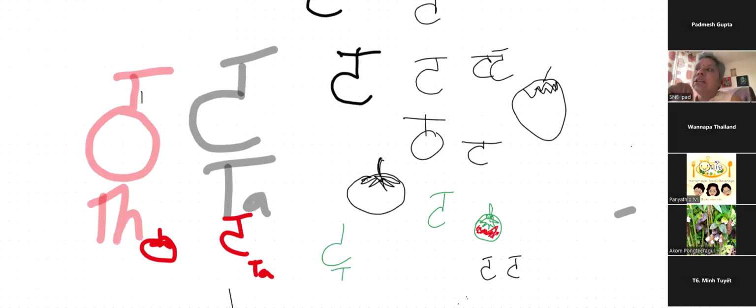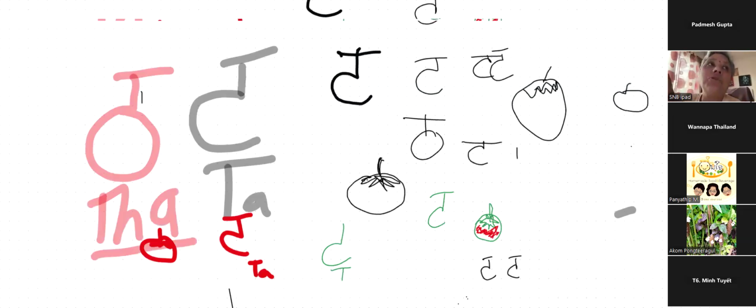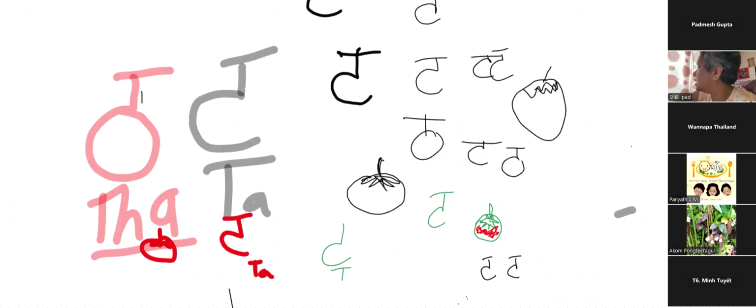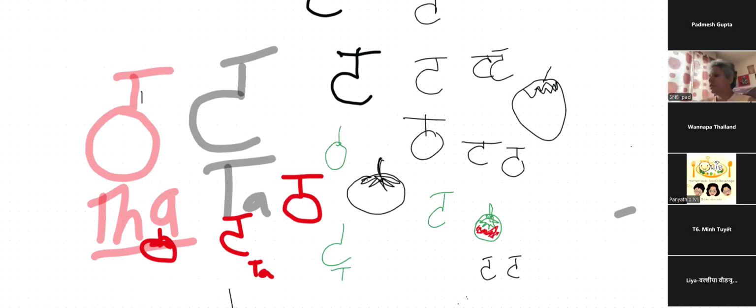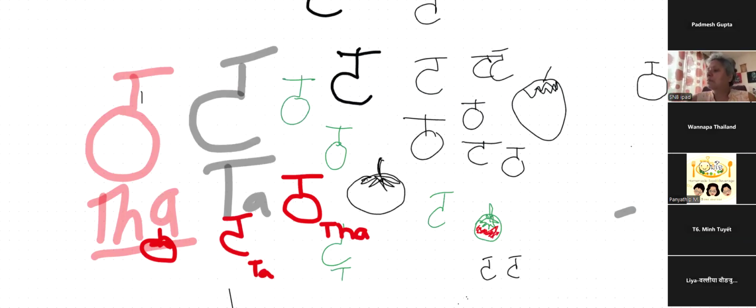When someone shoots with a pistol, we say the gunshot like thigh, thigh. Tha, tha, tha. Very good.